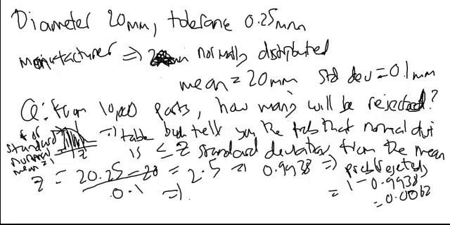So that means I have to double the answer, since the normal distribution is symmetric. A component can be too big or too small, so double.